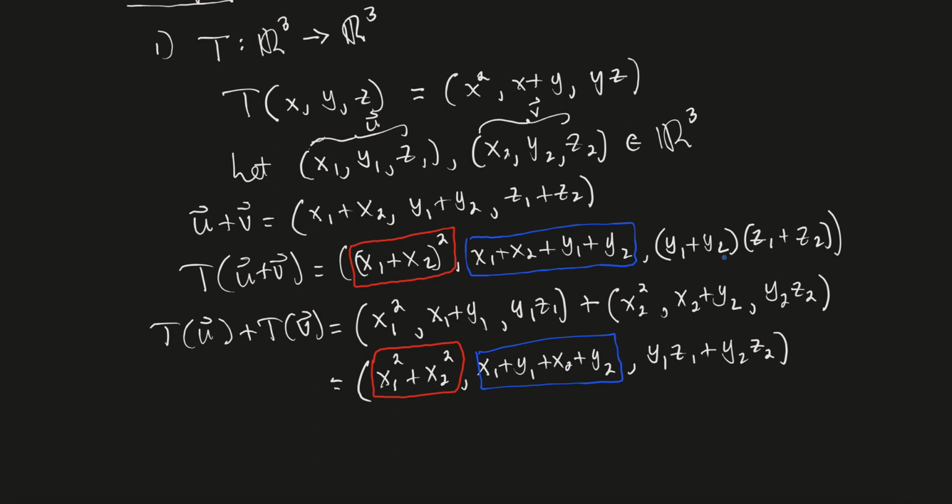But if I look at what happens in the third component, if I FOIL it out, it will not be y1 z1 plus y2 z2. I will have additional terms here that are not here.